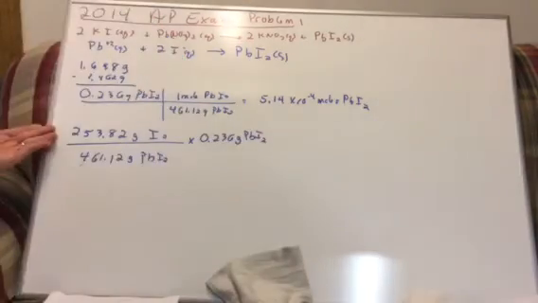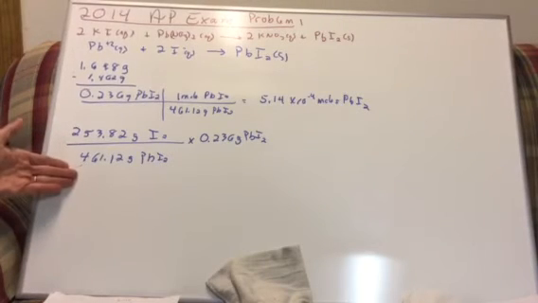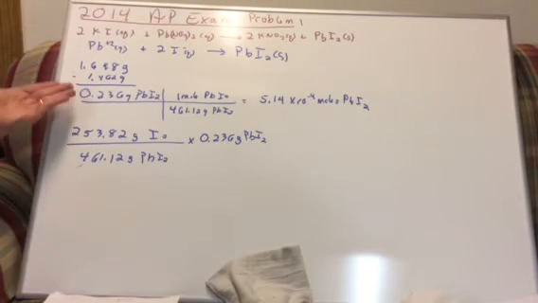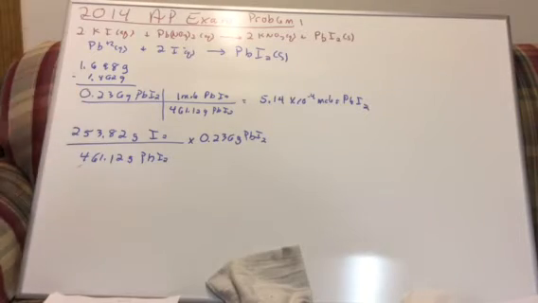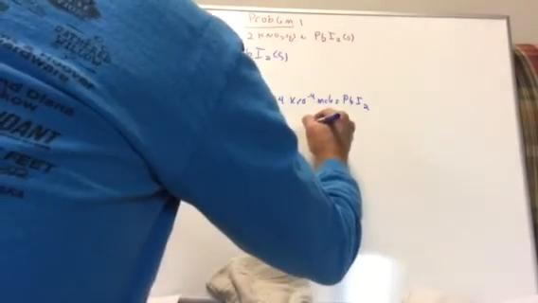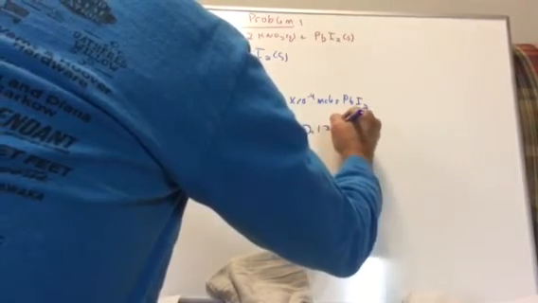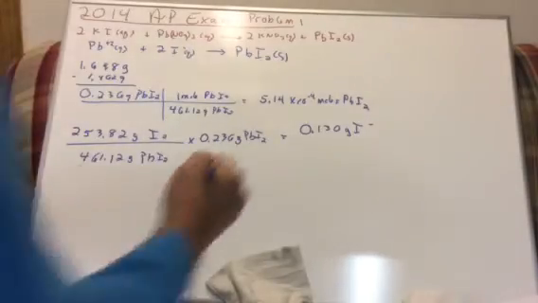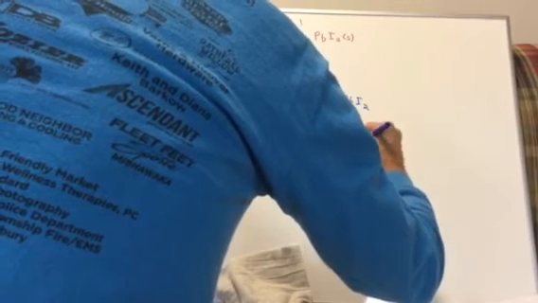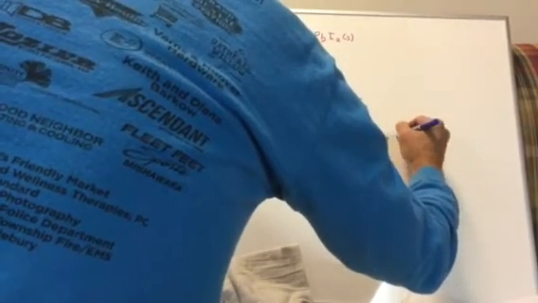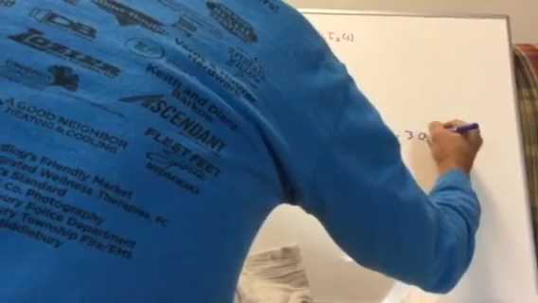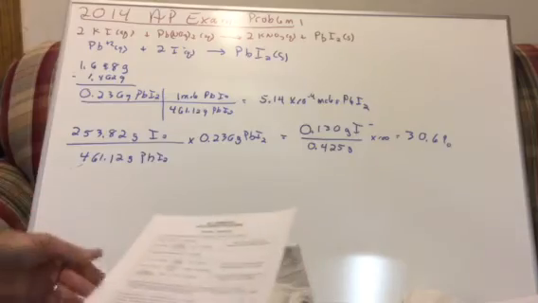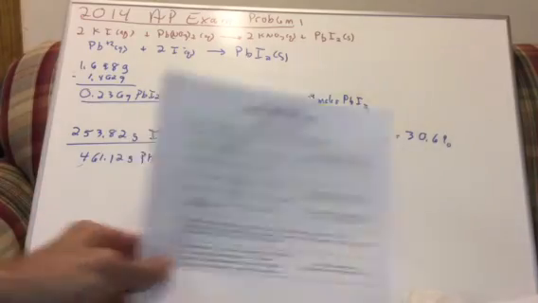In other words, this is the percent of iodine in potassium iodide, and this is the mass of potassium iodide I have. And what that gives me is 0.130 grams of iodide ion, basically. And the total mass of the tablet is 0.425 grams, of course, times 100, and that is 30.6%.